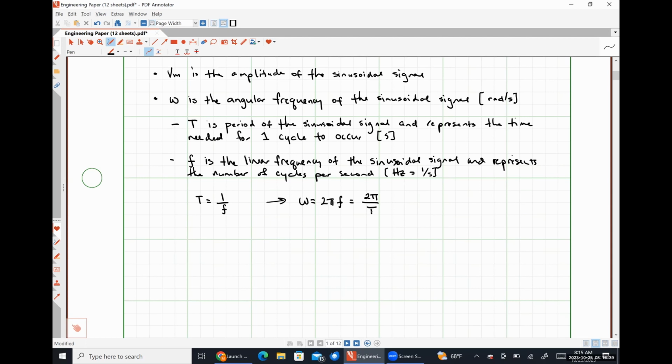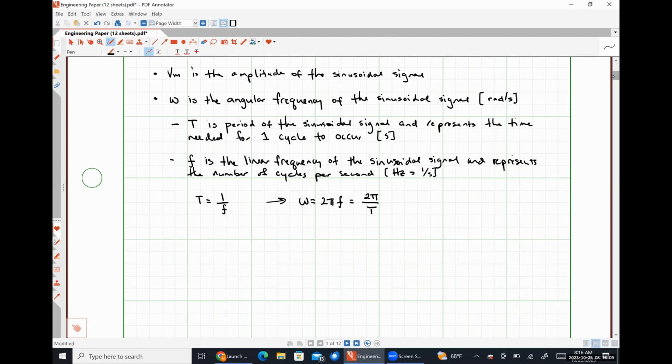Inversely proportional to the period, and then there's also that factor of 2 pi because our angle changes by exactly 2 pi radians as we complete one cycle of the sinusoid.